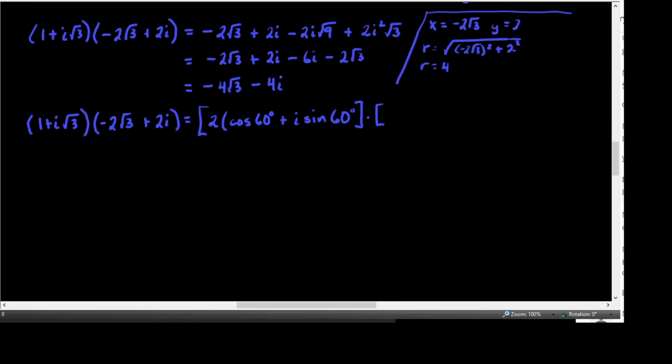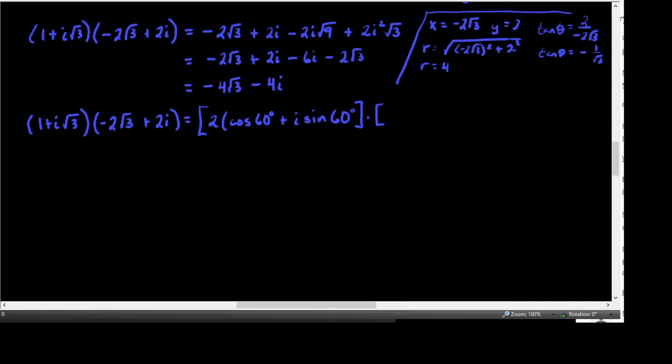Okay, so that's what r is. And then tangent of theta is y, which is 2, over x, which is negative 2 square root of 3. So the tangent of theta is negative 1 over the square root of 3.